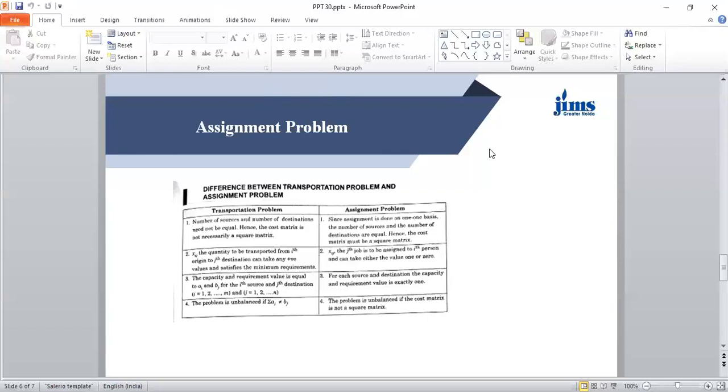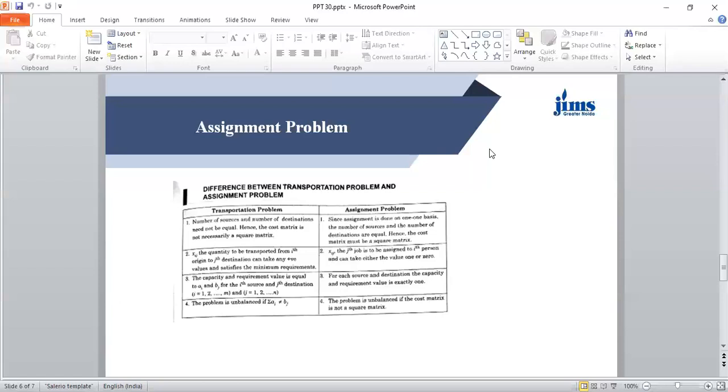Let me briefly tell you what we have studied: first the mathematical modeling of linear programming problems and their graphical solution. Then we did the simplex technique, both for minimization and maximization type, duality in the simplex technique, the dual simplex technique, the transportation problem, and the assignment problem.